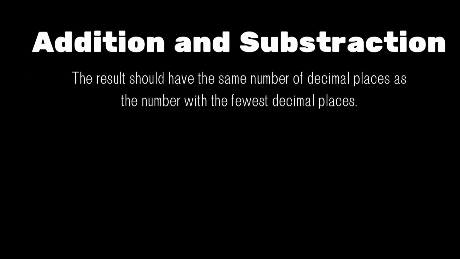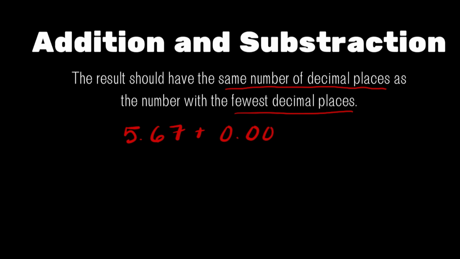Now let's go over addition and subtraction. This one is slightly different because the result should have the same number of decimal places as the number with the fewest decimal places. Let's look at an example. If we are adding 5.67 plus 0.0045, first we have to see which one has the fewest number of decimal places.